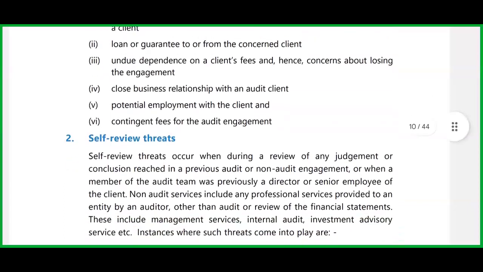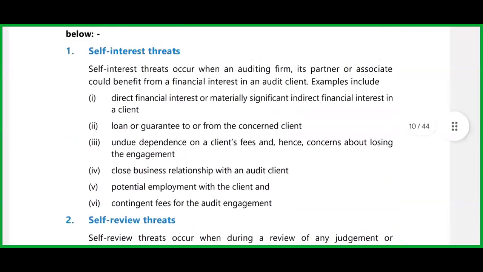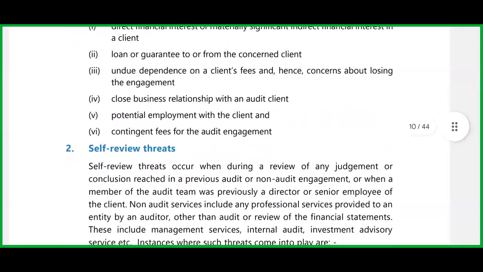So the main bread and butter or the source of auditor is upon that fees, that is undue dependence is there. An auditor always has this fear of losing the engagement. This again comes under self-interest threat. Next is close business relationship with an audit client.